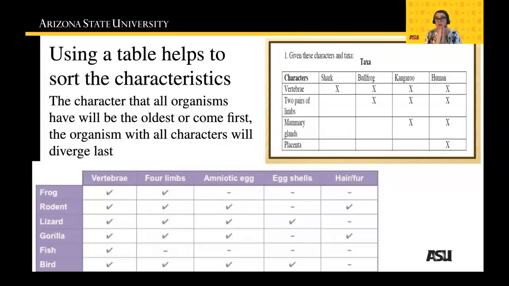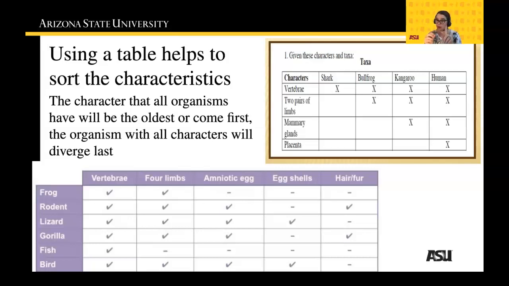One of the easy things when you have a larger group of organisms that you're looking at is to make a table, and you list the characteristics of the organisms that you see, and then you identify which organisms have each of the characteristics. So if you had a shark, a bullfrog, a kangaroo, and a human, the vertebrates, well, they're all vertebrates. Next, 2 pairs of limbs.